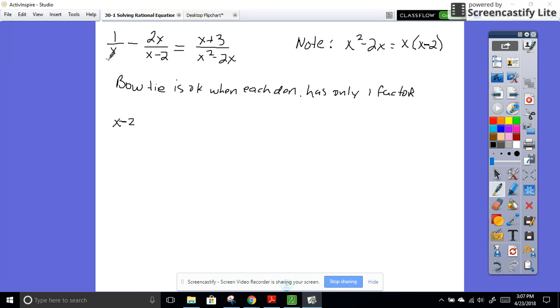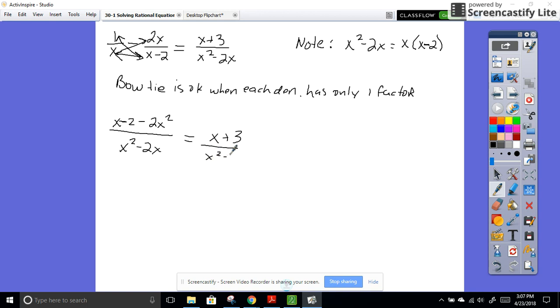Now I'm going to multiply x times negative 2x. That's negative 2x squared. Okay, I just multiplied those two together, and now down here, I'm going to multiply those two together. Well, we know what happens when you multiply x times x minus 2. We see right here, we get x squared minus 2x.